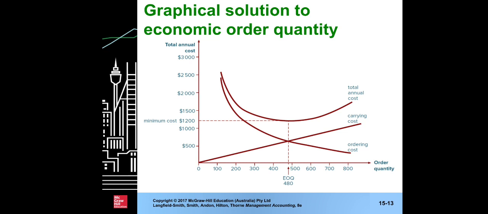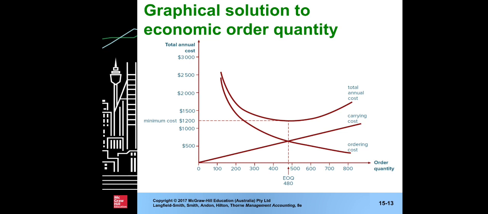This point is determined by comparing the carrying cost and ordering cost. If a business keeps too many inventories, then the carrying cost will be high. The ordering cost is low because if a business purchases in huge quantity, it can save on ordering cost, but it has to pay high carrying cost.